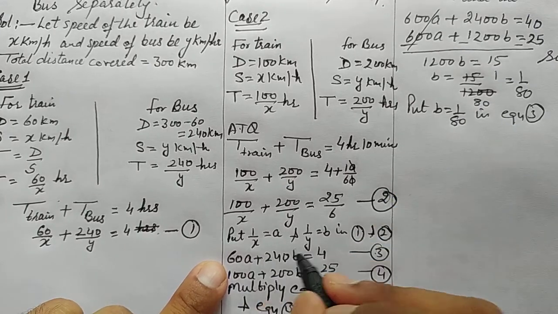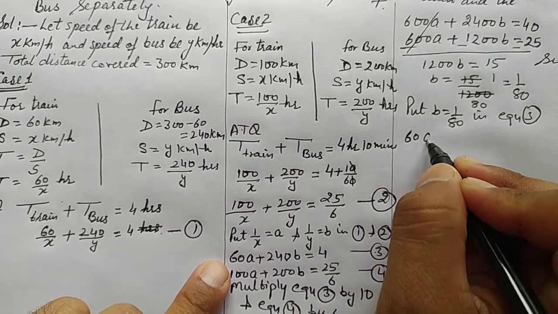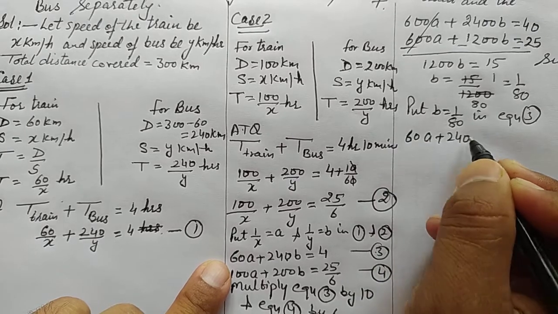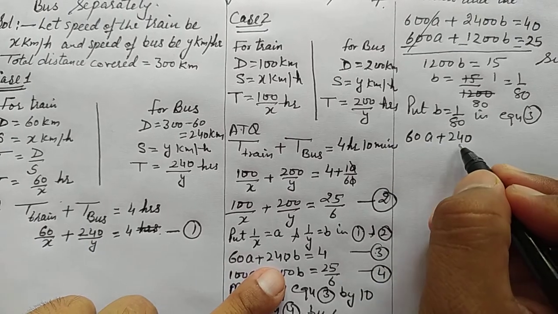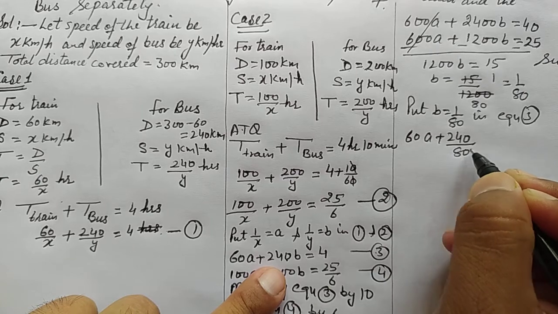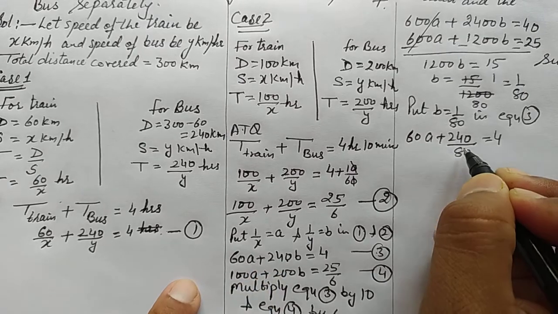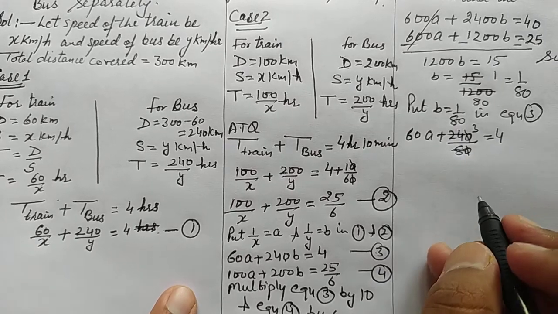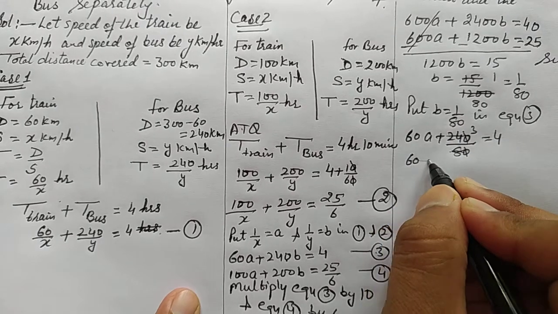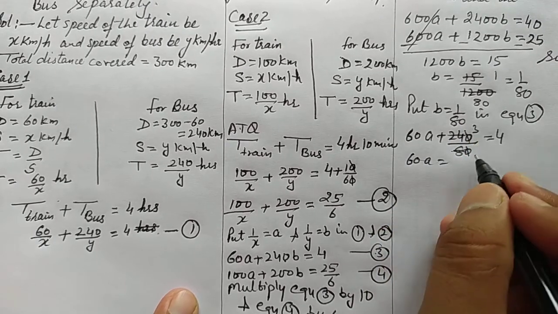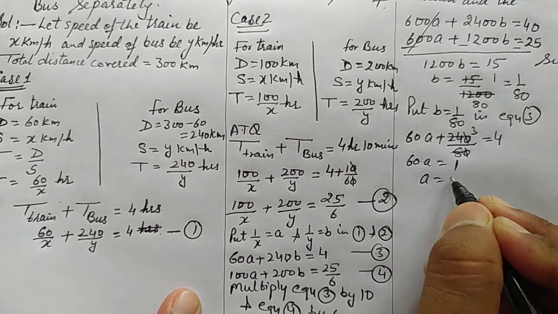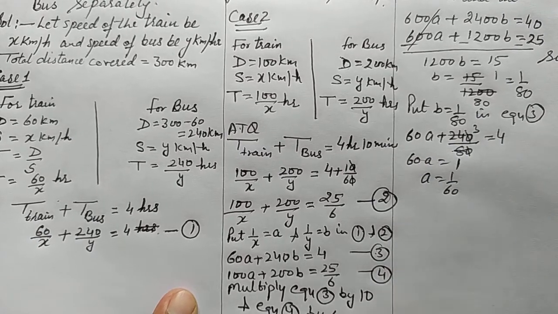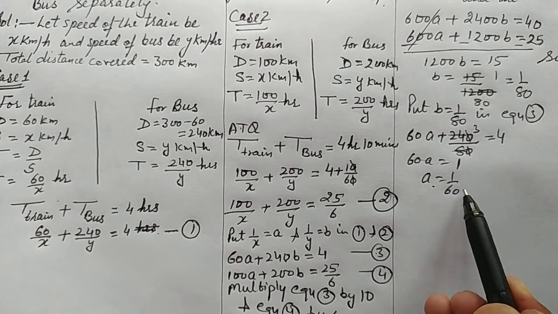So I get here 60a plus 240 into b. So into b means into 1 by 80 is equal to 4. So 80 threes are 240, so it is 3. So 60a is equal to 4 minus 3. It will be 1. So a is 1 by 60. So b is 1 by 80, a is 1 by 60.